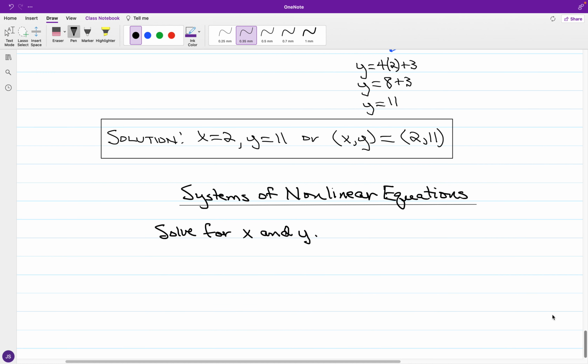And I'll just take one equation here, looking for the values of x and y such that we have x squared plus y squared is going to be equal to 74.